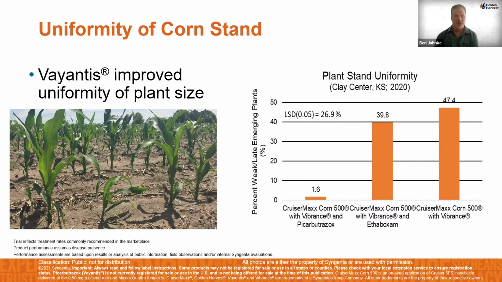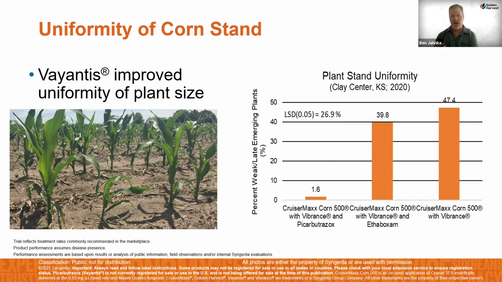Concerning uniformity of a corn plant stand, Viantis significantly improved our uniformity in plant size. You can see this in the graph on the right here, where we're looking at the number of later or weaker emerging plants. Note that in our control, the Cruiser Max corn with Vibrance, we saw almost 50% of plants that were either weak or late emerging.